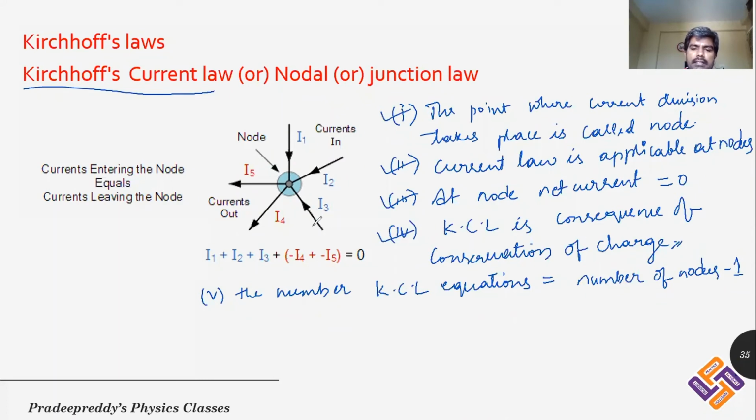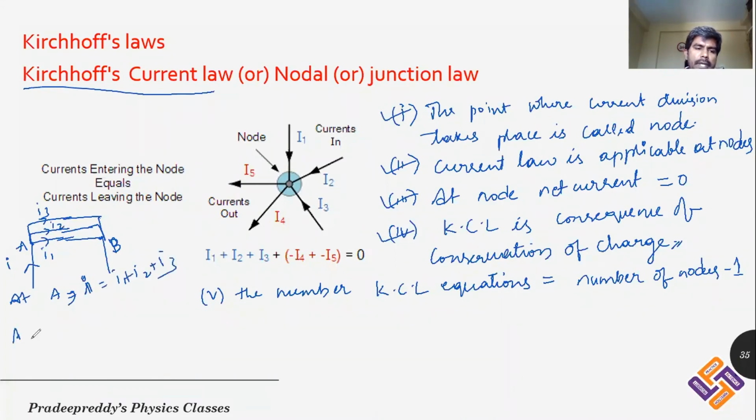As I told you, here there are 3 paths for the current. Current entering is I, and these 3 paths will be summed up at position B. This is A and this is B. At point A, you can write I is equal to I1 plus I2 plus I3.